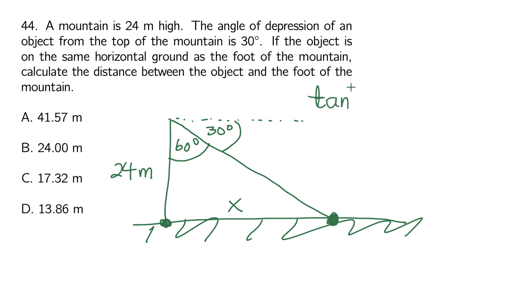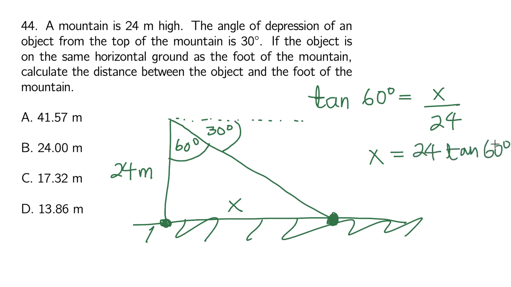The tangent, using SOHCAHTOA, the tangent of 60 degrees equals the opposite, which is x, over the adjacent, which is 24 meters. So x equals 24 tan 60 degrees.